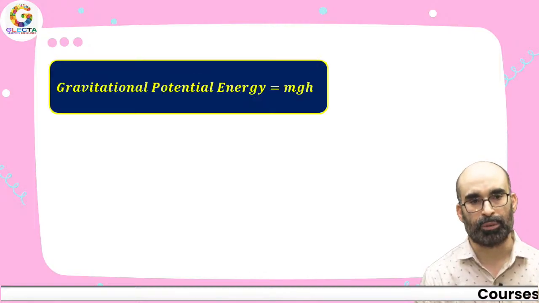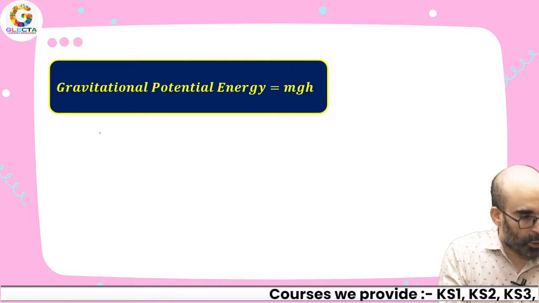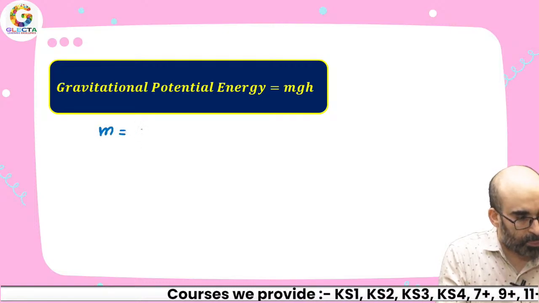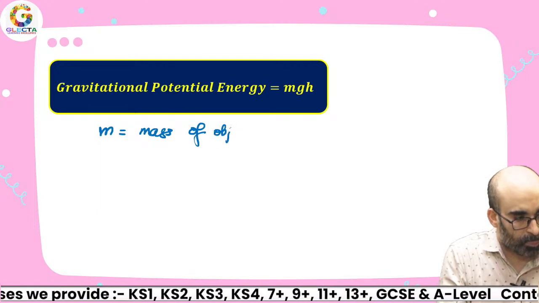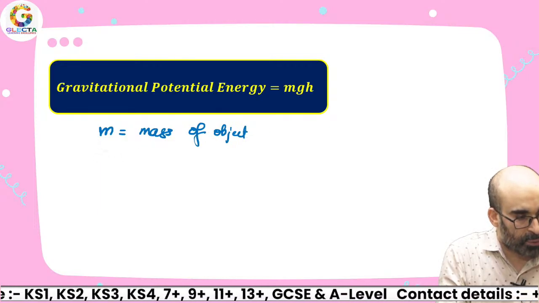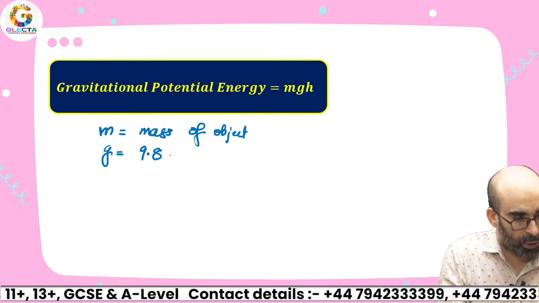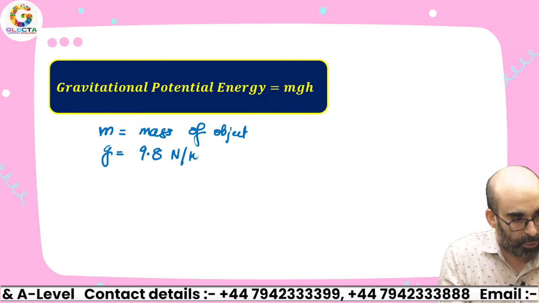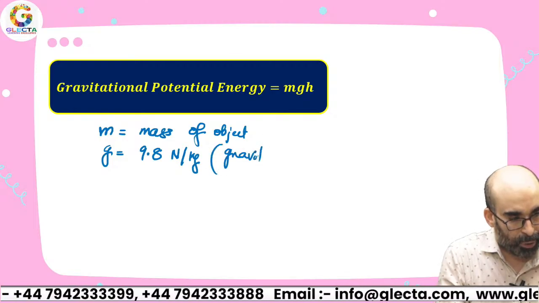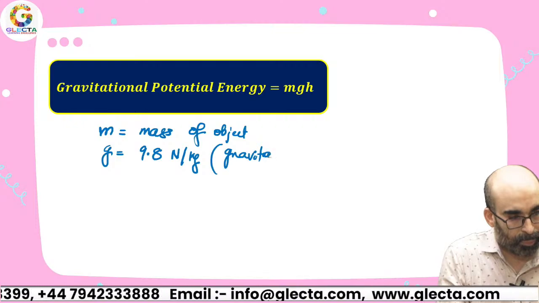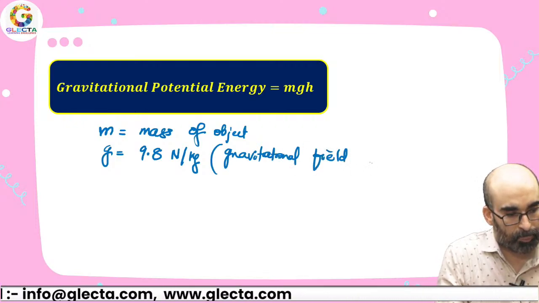So here is the equation, where m is the mass of the object, g is the gravitational field strength, which is 9.8 newtons per kg. This is basically the gravitational field strength.